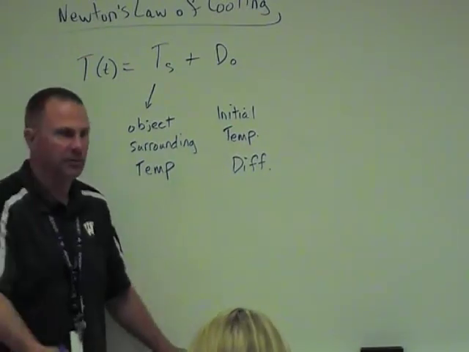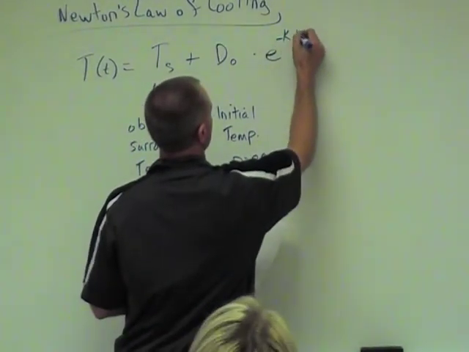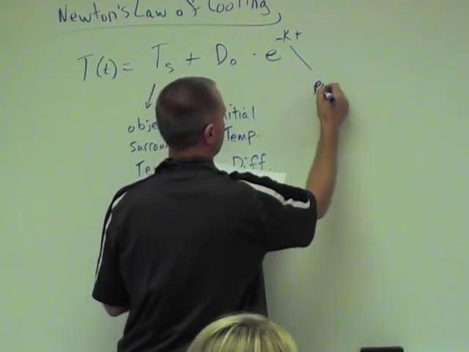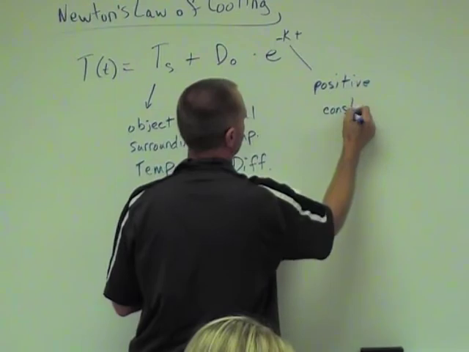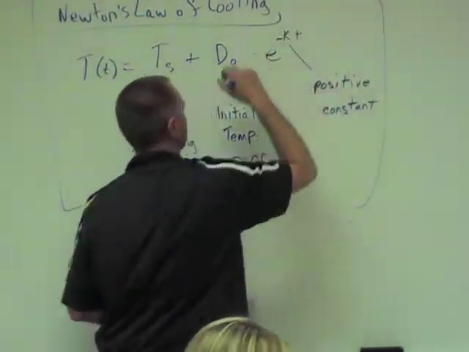We'll do a problem you'll understand. And then D of 0 times e to the negative k times t. T is time, but k is what we call the positive constant. So that's a nice neat poster for you.